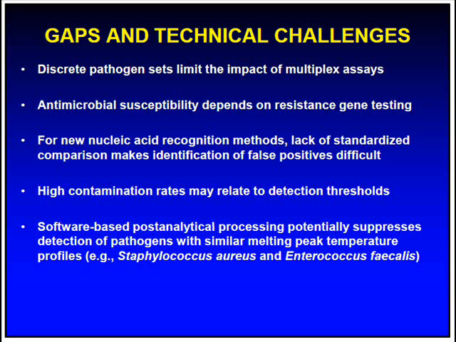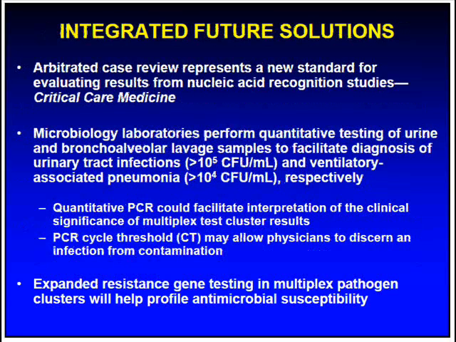As shown in the Venn diagram, with new nucleic acid recognition methods, the lack of standardized comparison method makes it difficult to identify false positives. Blood culture is not a perfect comparison method for nucleic acid testing, because the method could be more sensitive than culture. The high contamination rate may relate to the detection threshold of the assay.